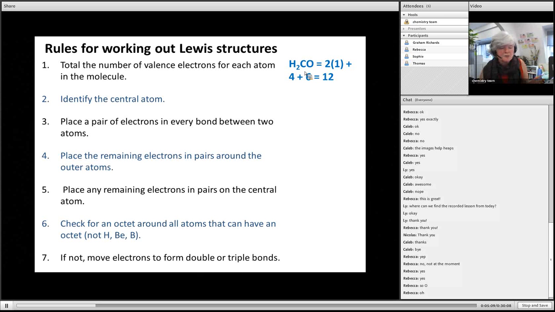So by that we go, okay, anything in group 1 has got 1 electron to share or give away. So it's got a combining power of 1. Anything in group 2 has got a combining power of 2 because it's got 2 electrons to share or give away. Group 13, as I say, we miss out the transition metals because they do their own, it's a little bit more tricky.